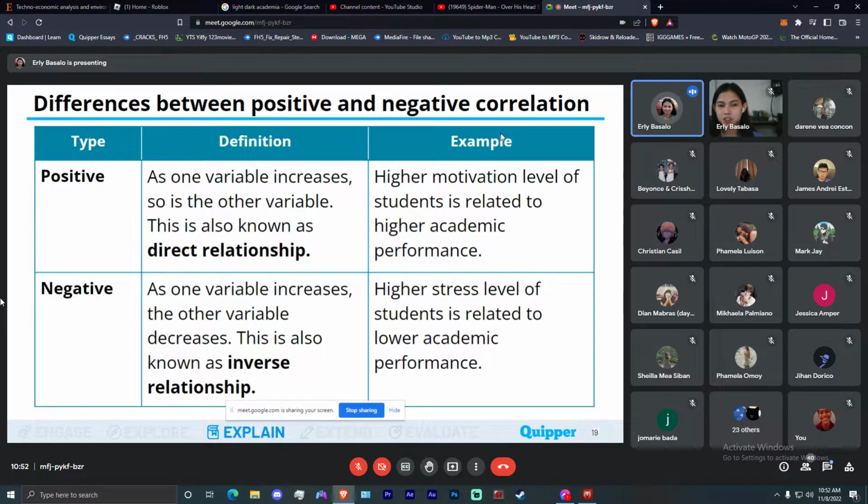For negative, its definition is as one variable increases, the other variable decreases. This is also known as inverse relationship. So negative siya. Example, higher stress level of students is related to lower academic performance of the student.